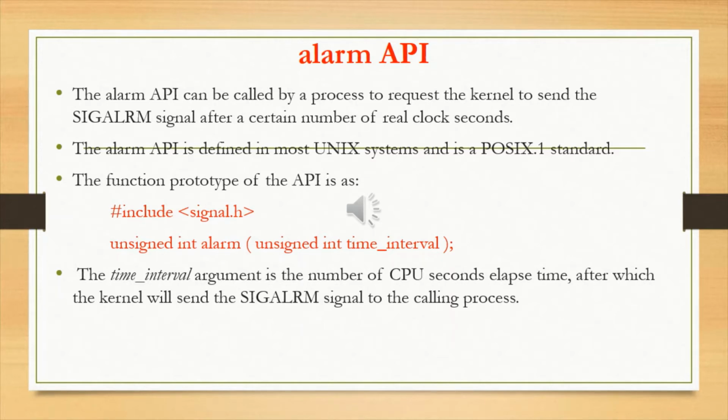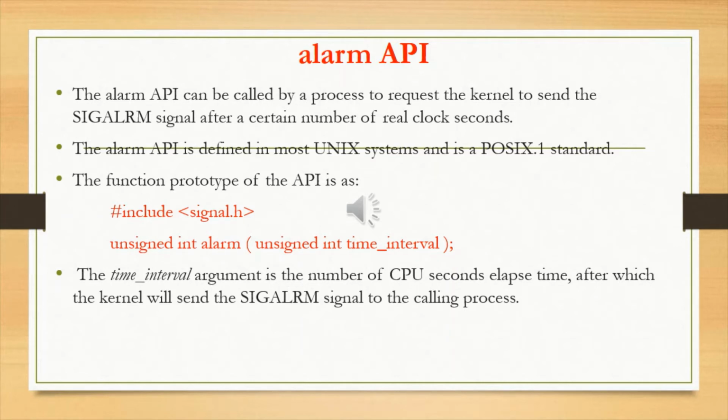The return value of the alarm API is the number of CPU seconds left in the process timer as set by the previous alarm system call. The effect of the previous alarm call is cancelled and the process timer is reset with the new alarm call.